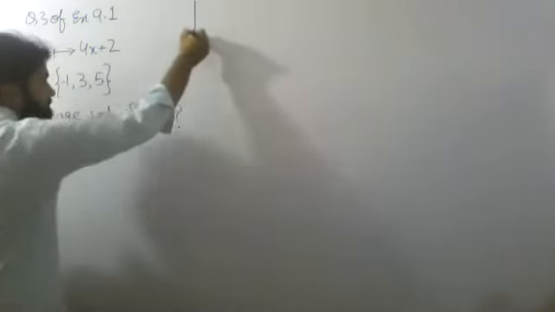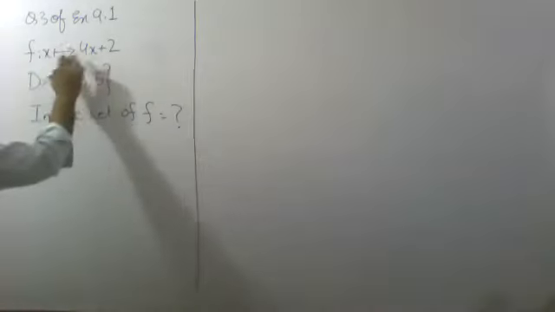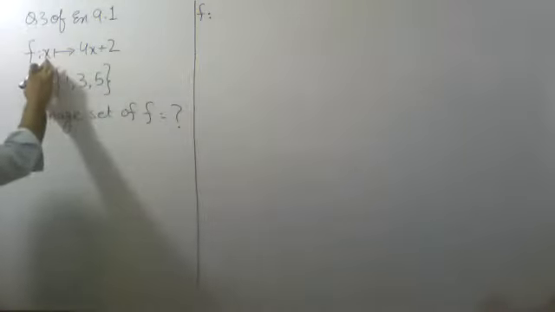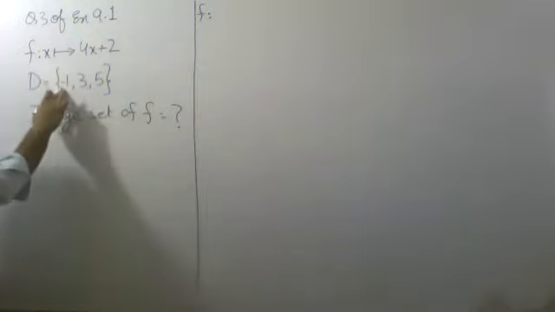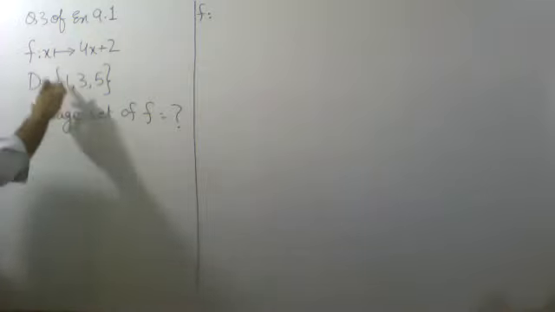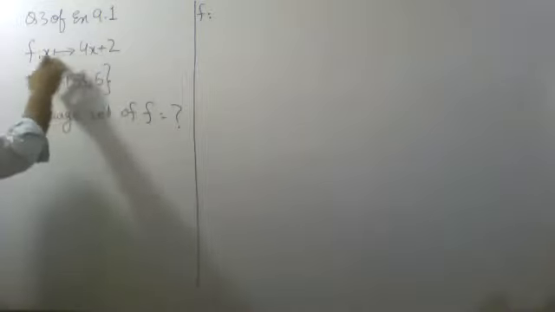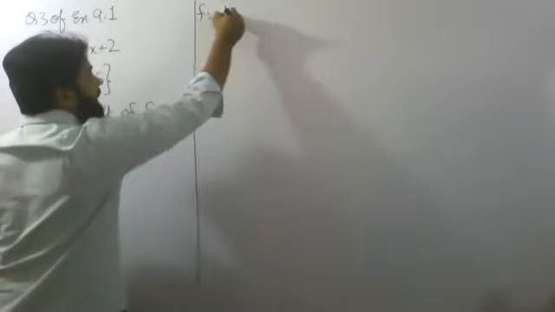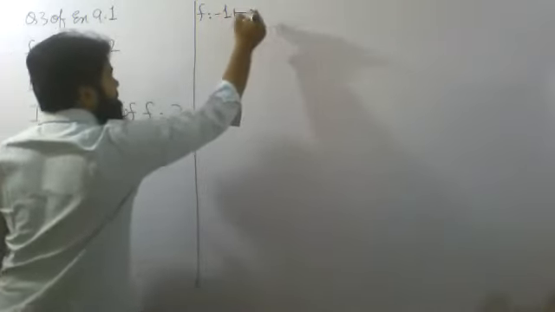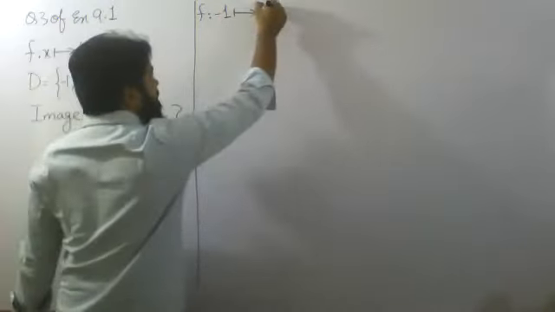Okay, so first of all, this is my function, this is my domain value. First of all, I'm replacing my variable with this. So now instead of writing x in this function, I will be writing f of -1 equals 4 times -1 plus 2.